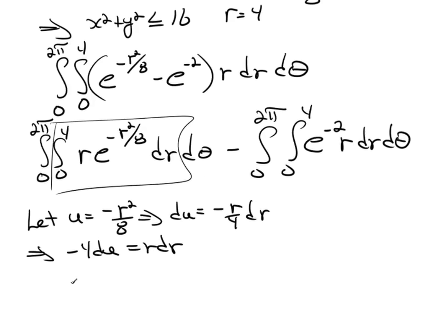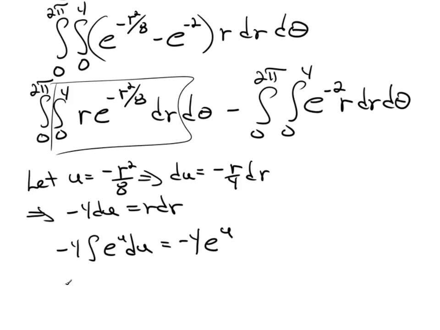So now I can take a look at this: negative 4 times the integral of e to the u du, which is just negative 4 e to the u, which is negative 4 e to the negative r squared over 8 evaluated from 0 to 4.